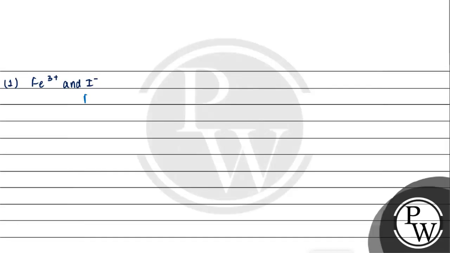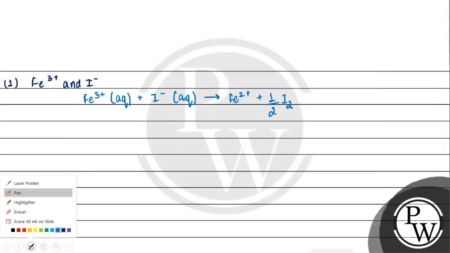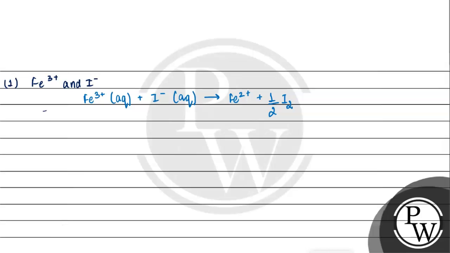So the reaction which will take place is Fe3+ in aqueous state plus I- in aqueous state gives Fe2+ plus half I2.